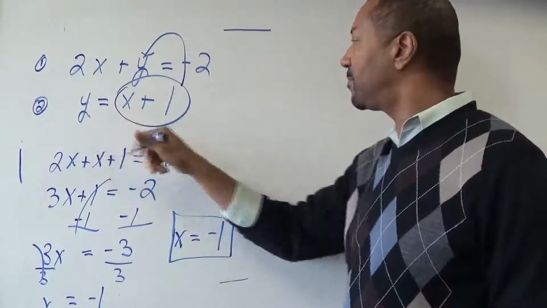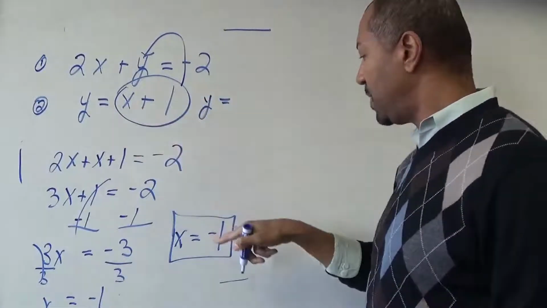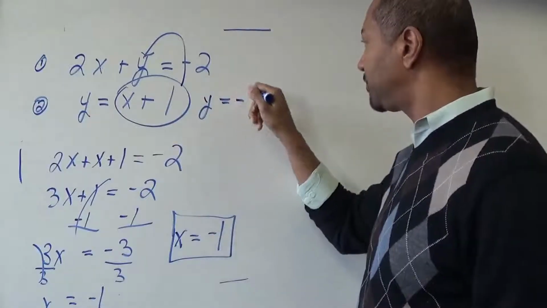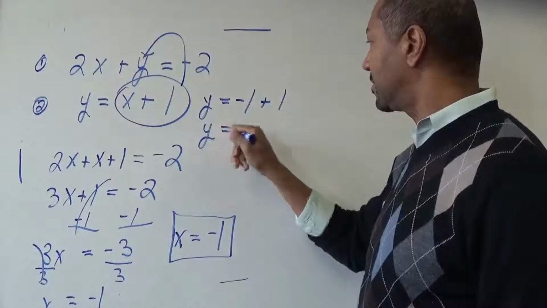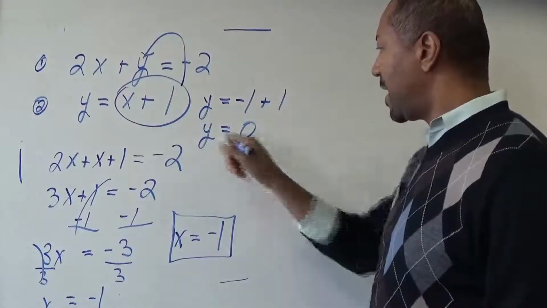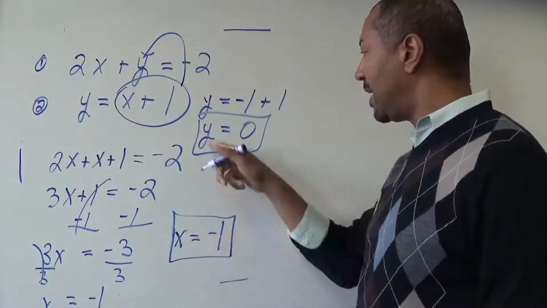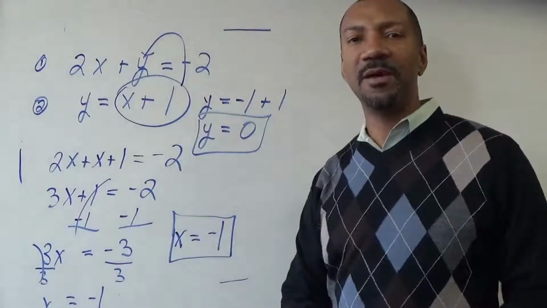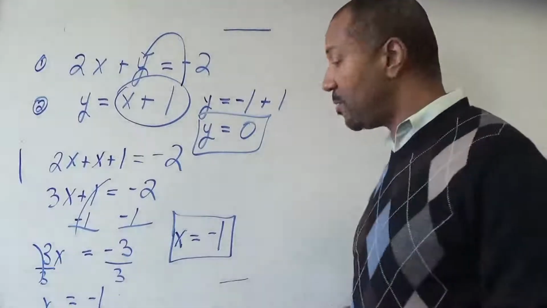So let's do that. y is equal to x, which we know to be -1, and then we'll add 1 to that. And it looks like we have an x value of -1 and a y value of 0. Okay, that wasn't so bad.